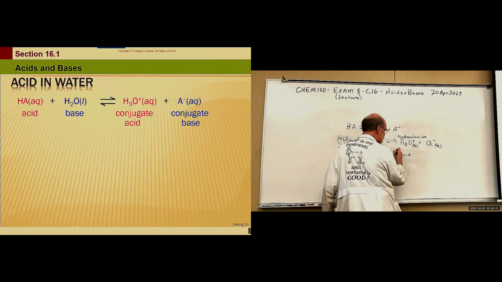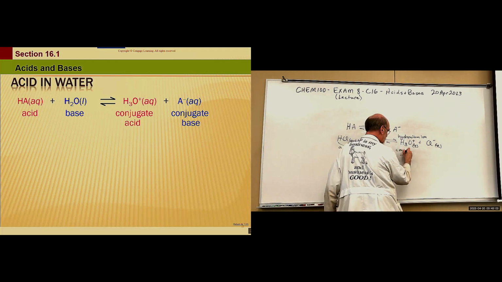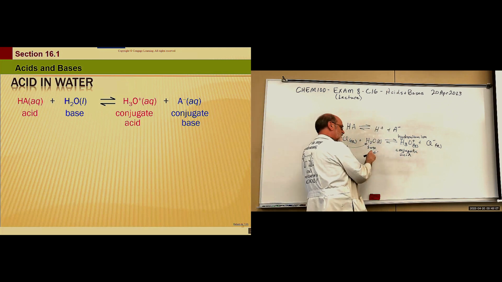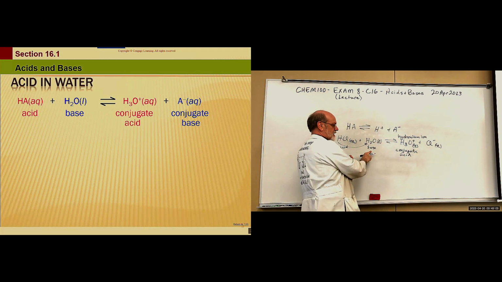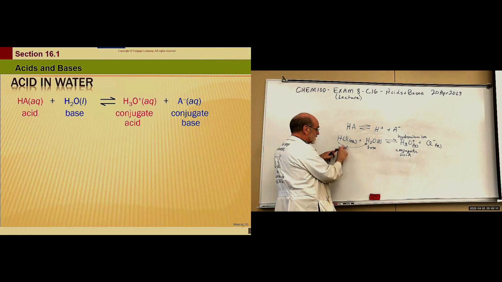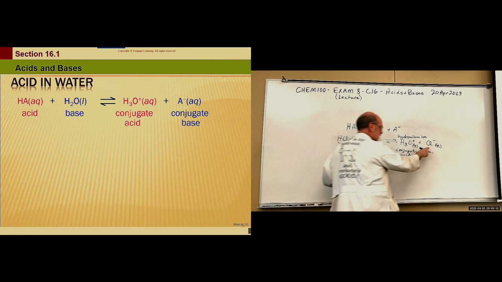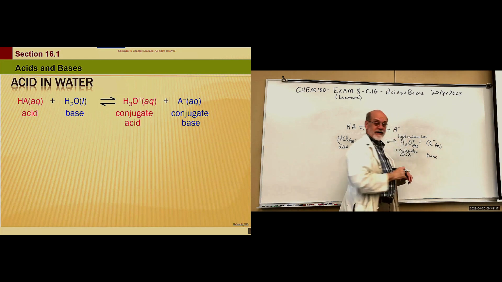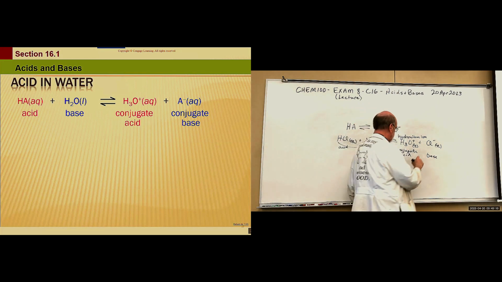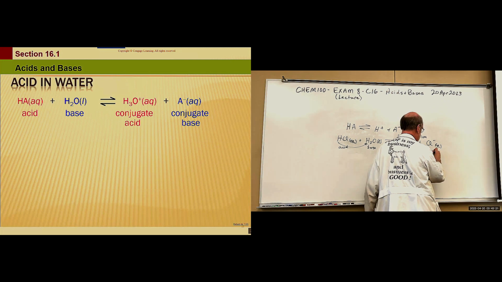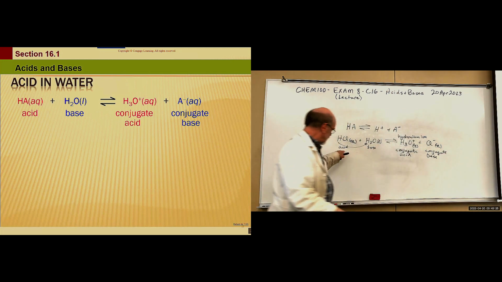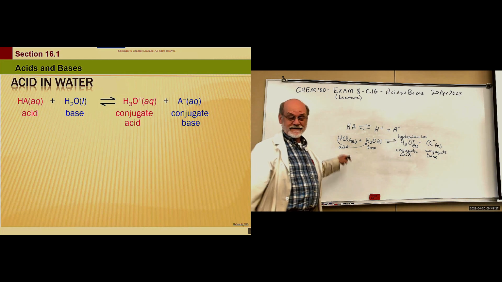So we call it the conjugate acid. This is the conjugate acid of that base. That means that with this acid producing this species, this is now a base that theoretically can accept a proton. So this is the conjugate base of that acid.